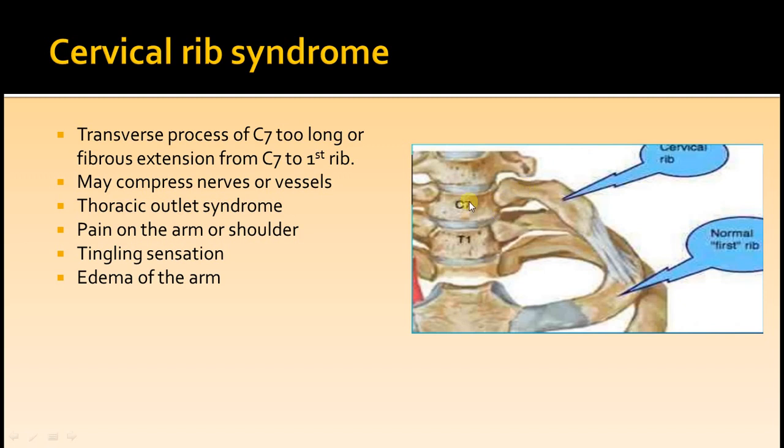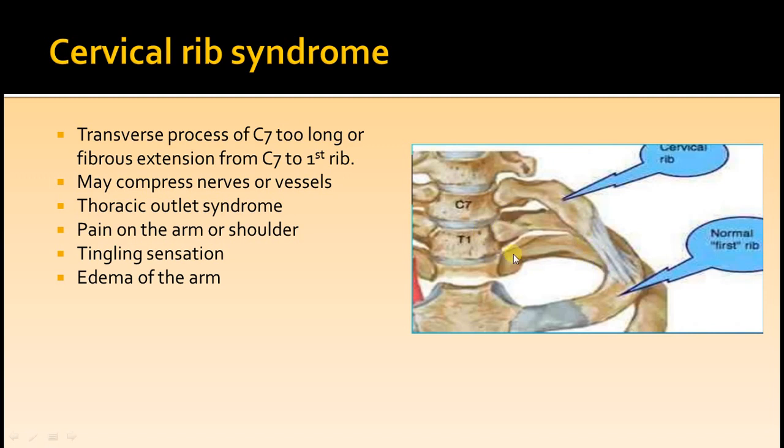Sometimes the C7 might be unusually long and fail to regress, or sometimes a fibrous band might connect this long process with the first rib. So naturally the lower trunk of the brachial plexus might get compressed due to this excessive pressure.